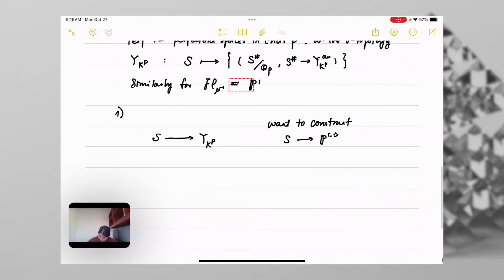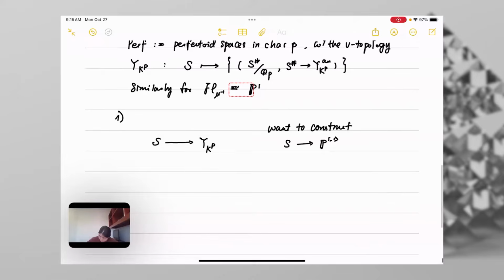In other words, this map from S to the modular curve specifies an untilt, and then we want to get, on the trivial rank 2 bundle of this untilt, a sub-line bundle inside there.